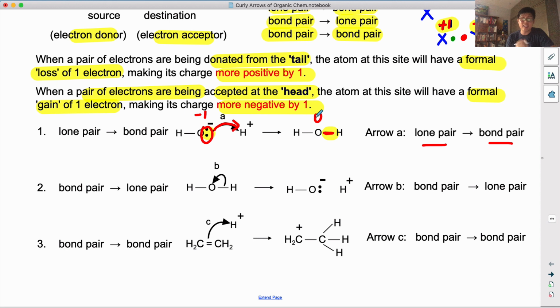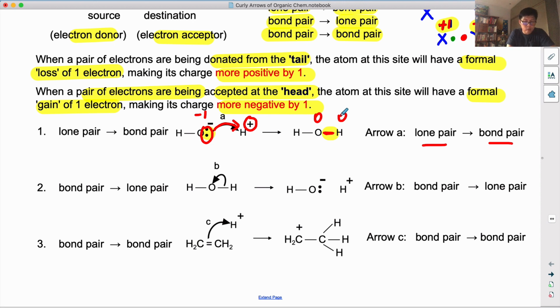So it's almost like neutral. H from plus 1 more or less gains 1 electron, so it becomes 0. That's why you can see there's no charge on H. Okay, let's try another example.